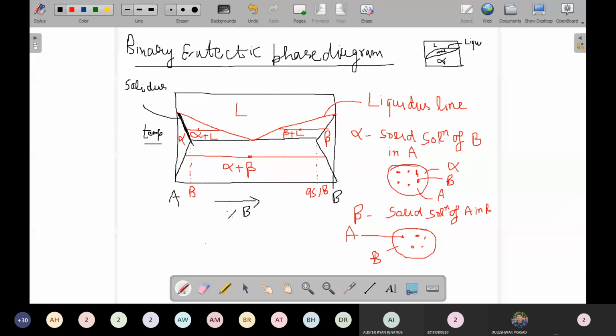Look, the definition is not going to change. Everywhere the definition of the liquidus line will be the same. This we call the solidus line.